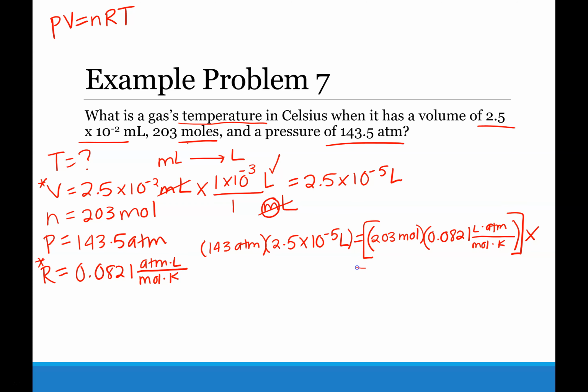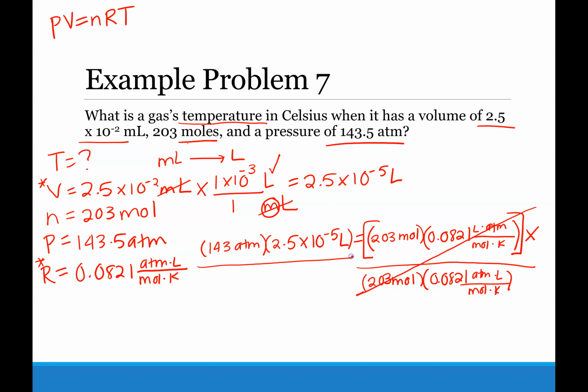So we're going to divide by 203 moles and 0.0821 atm liters divided by moles Kelvin to get X by itself. So this is all going to cancel and X is going to be by itself.